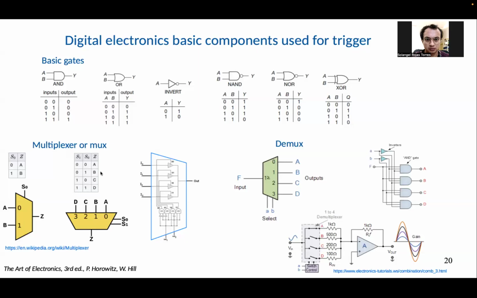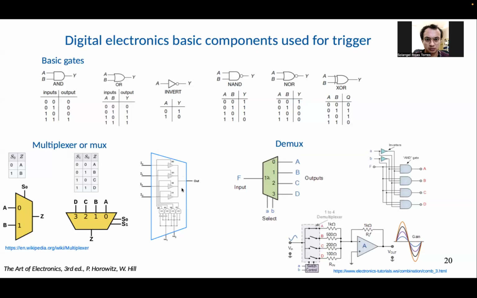For example, a more complex multiplexer has four input possibilities and a selector. Depending on the combination of the selector, 0,0 you choose A, 0,1 you choose B, 1,0 you choose C. So it's like a codification of the input that you will select, and this you will have in the output. And this is how it looks internally.